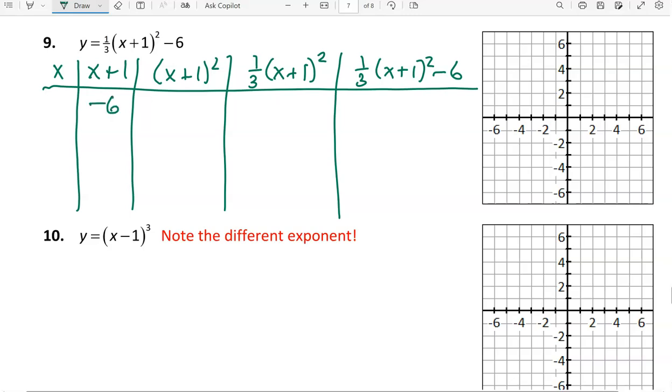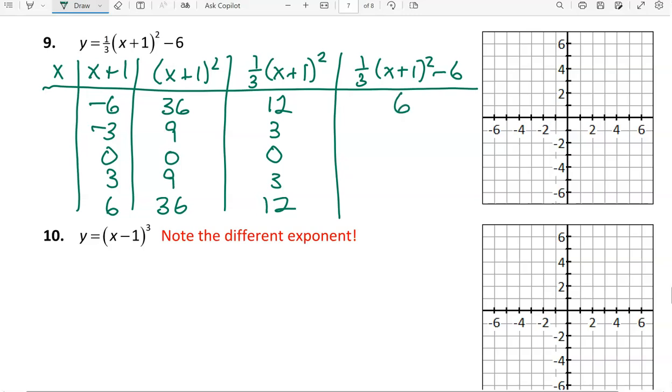So I'll pick -6, -3, 0, 3, and 6, and then square each, and multiply by 1/3, and finally subtract 6 from each. And then to move from the x plus 1's to the x's, subtract 1.